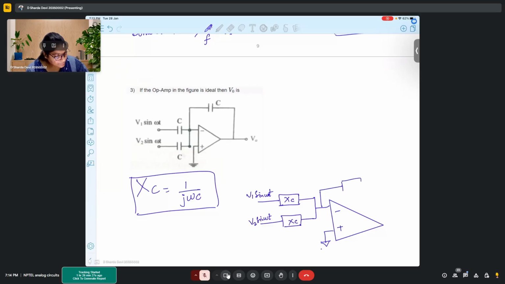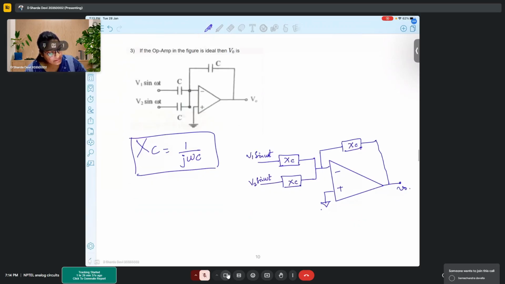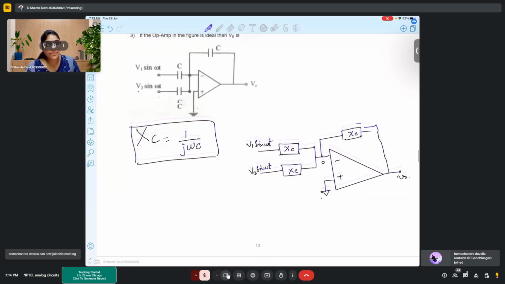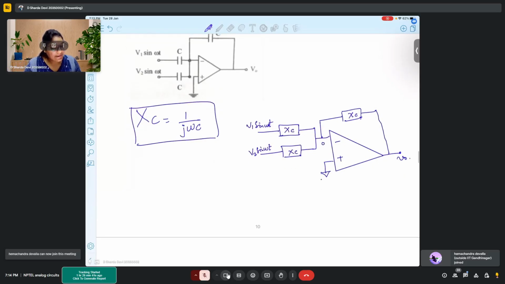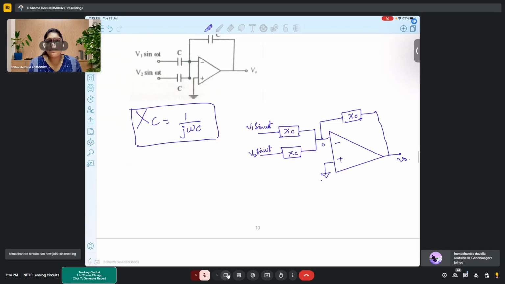And here again we will have an XC. This is V naught, and here you have 0. So how to find V naught? We can simply apply KCL and find V naught.